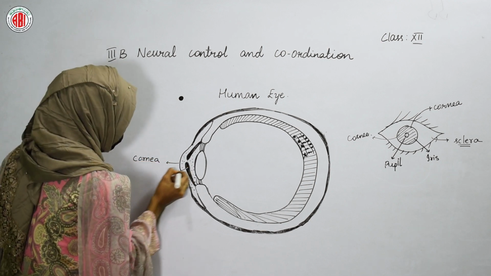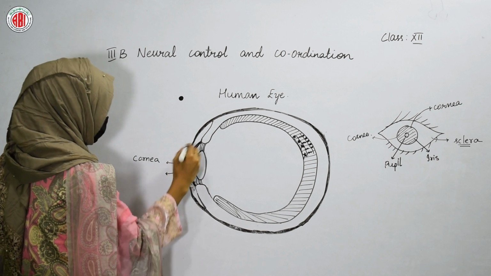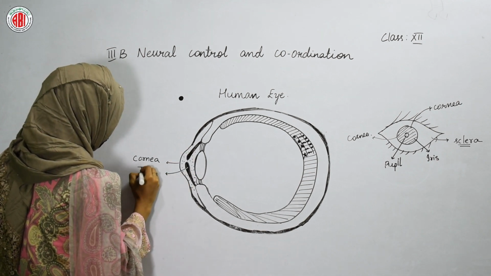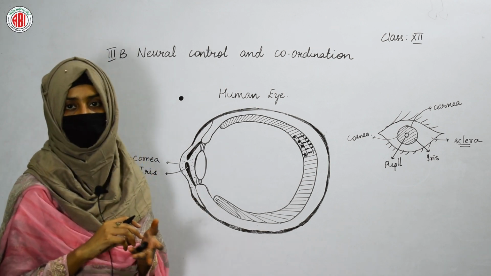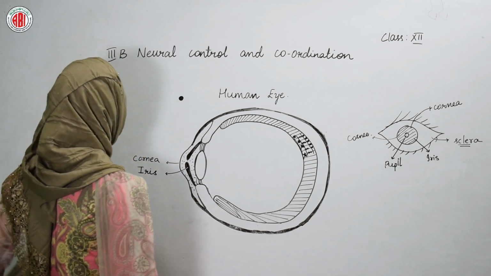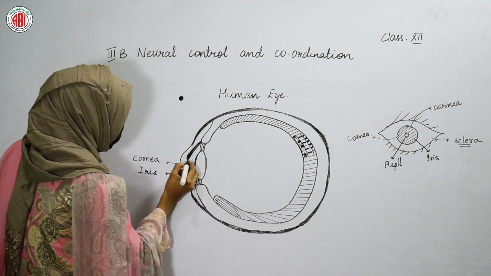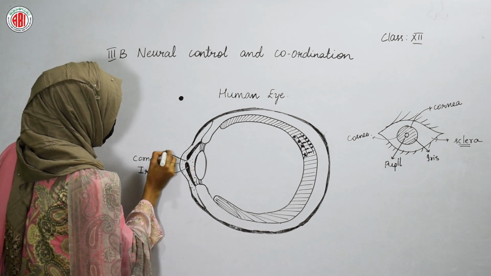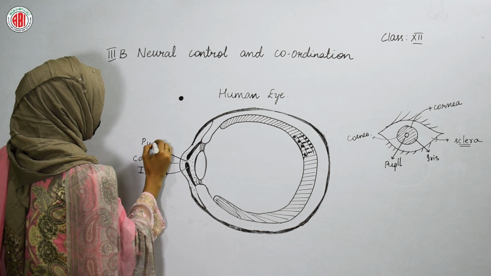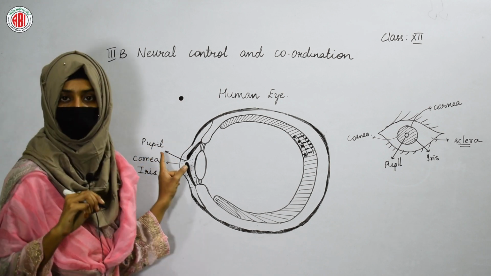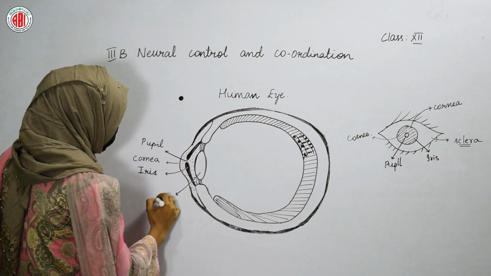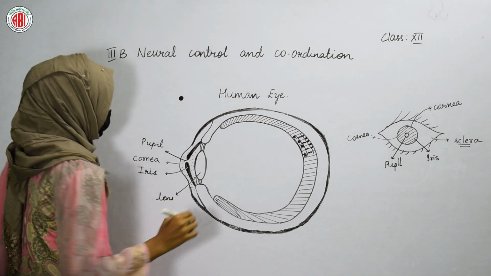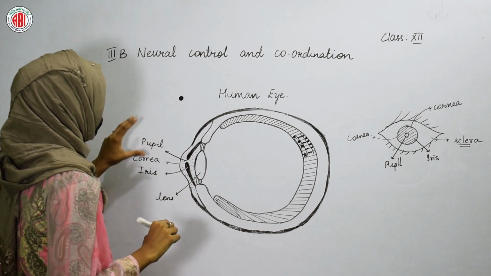Next, this is the colored part of our eye, which will be either brown, blue or black in color, and we call that part the iris. In the center of the iris, one hole is present through which the light enters, and we call that hole the pupil. Now behind the iris, the lens is found. These are the different parts that you can see.